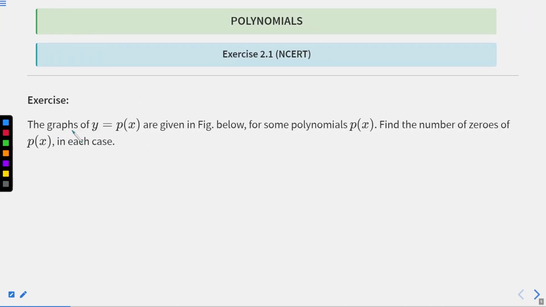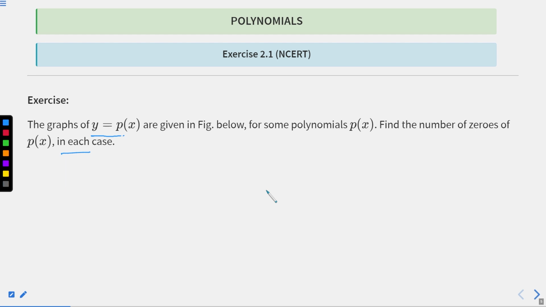In this exercise, we are given graphs of y equal to p of x for some polynomial p of x, and we need to find the number of zeros of p of x in each case. For finding zeros of the polynomial p of x, we first need to draw the graph of the function y equal to p of x.